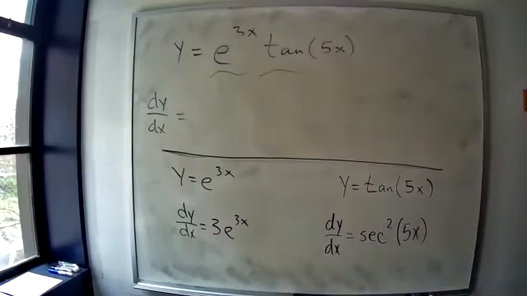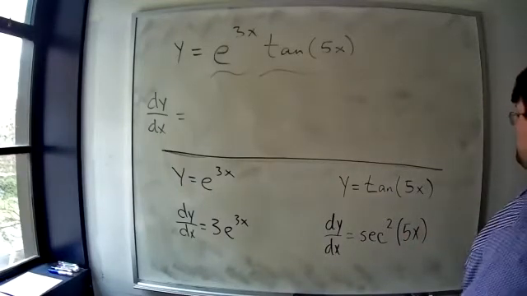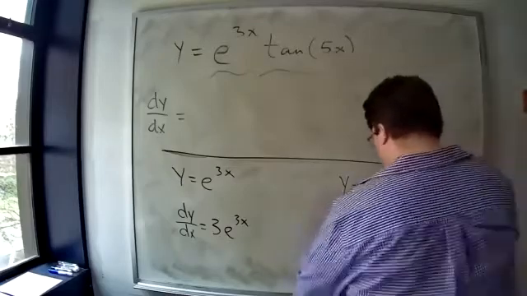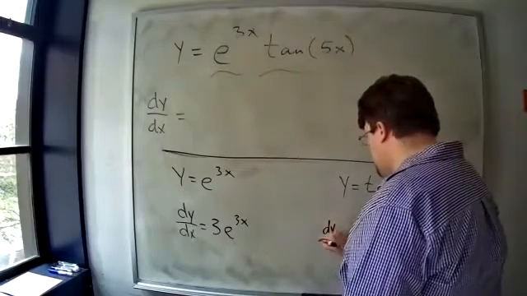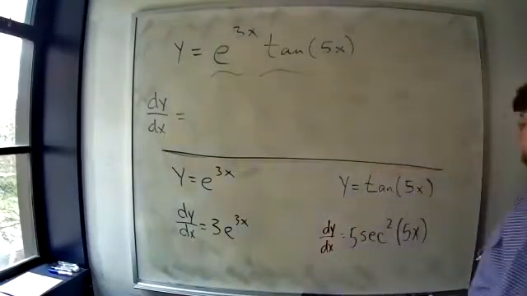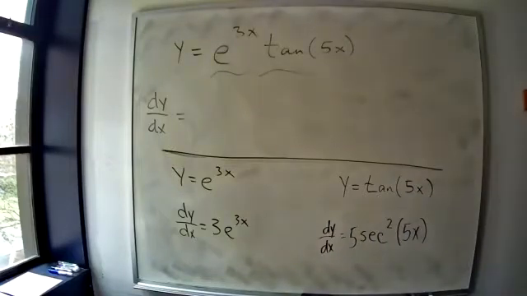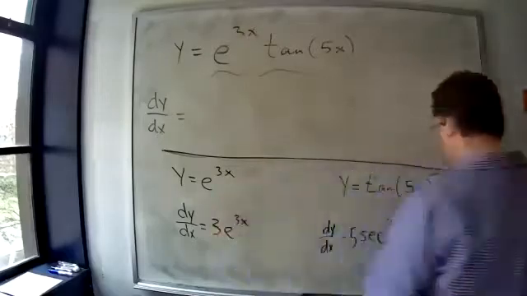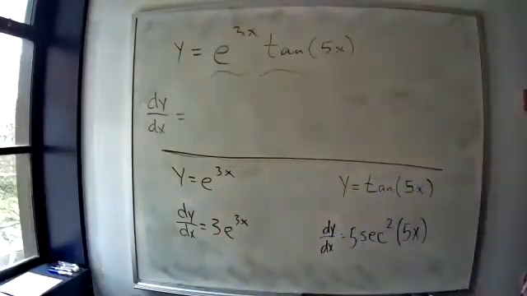We leave the 5x alone, but then we apply the chain rule, multiply by the derivative of 5x, which is 5, and I'm going to write that out front. So the chain rule is applied very similarly for both of these. The derivative of 3x is 3, derivative of 5x is 5.